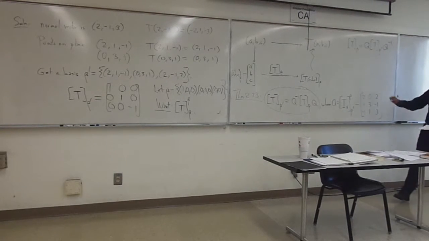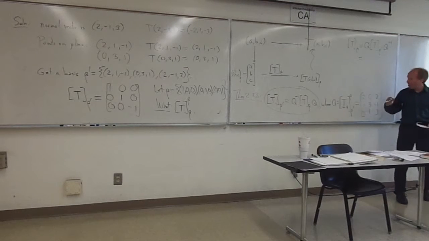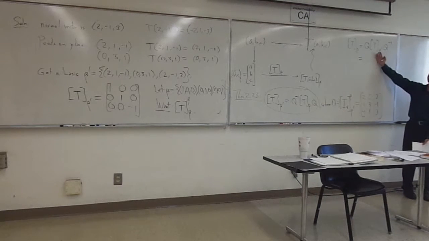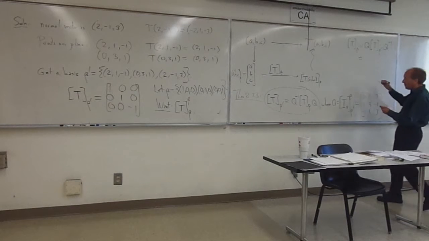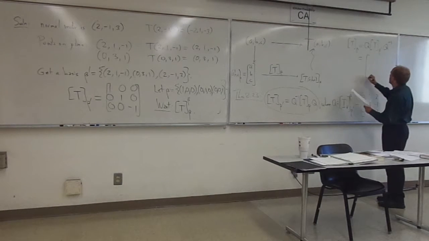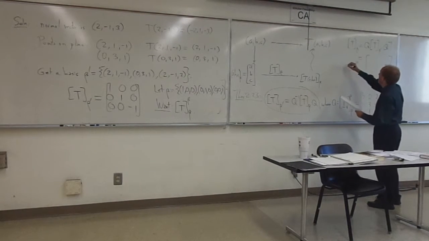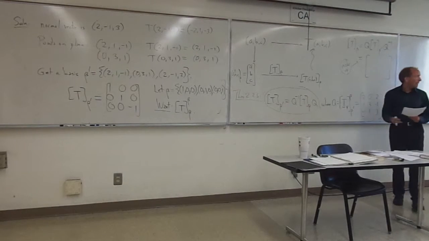Okay, so we know what Q is. We know what T sub beta prime is. Let's suppose we could find the inverse. It's a 3 by 3, it's not going to be simple. So let's just make up something that's reasonable here. It may not be correct, now that I realize my notes had the wrong vector.